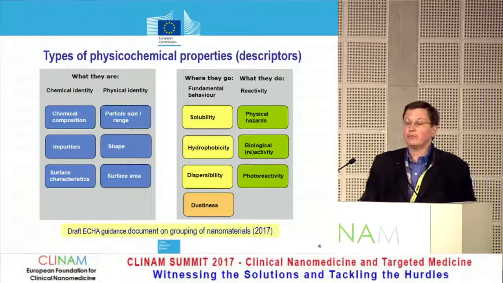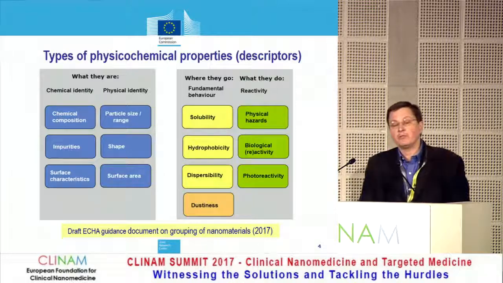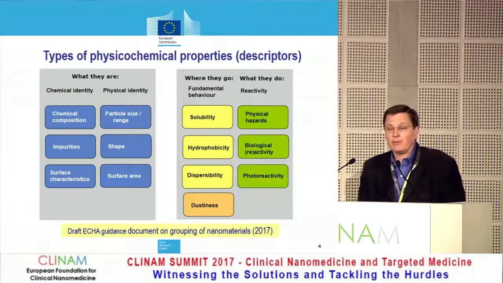So what are the useful physicochemical properties for predicting biological activities of nanomaterials? This is taken from a draft ECHA guidance on the grouping of nanomaterials for the assessment of these substances under REACH, the European chemicals legislation. And you can see they distinguish between three kinds of properties.